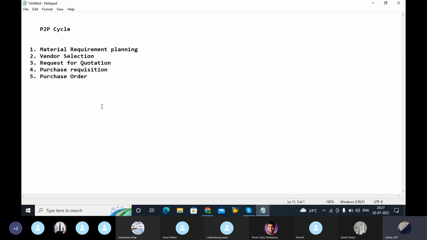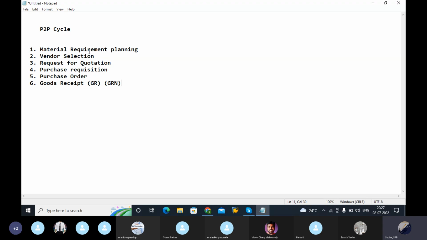After the creation of the purchase order, goods receipt will occur. Goods receipt means GR. In some companies, it is also called GRN, goods receipt note.